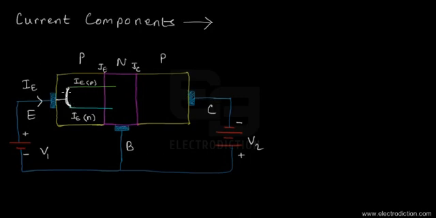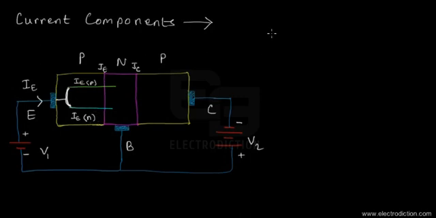So with that said, whenever we look at the current components, it's natural to understand that the current component due to the holes flowing from the emitter into the base will be of a larger magnitude than the emitter current component due to the electrons over here.